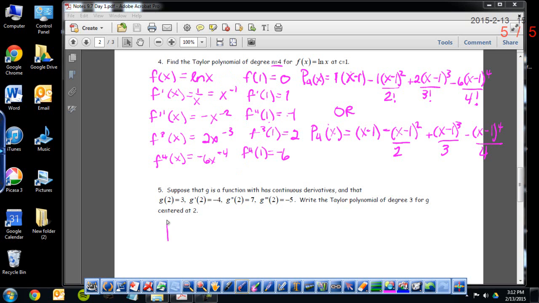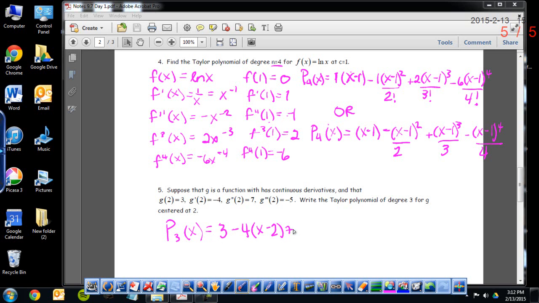So I'm writing a third degree Taylor polynomial. I'm going to call it p sub 3 of x, and just start plugging into that formula. So we start with g of 2, which is 3. Then we take the first derivative, which is negative 4, times x minus 2, because we're centered at 2, to the first power.